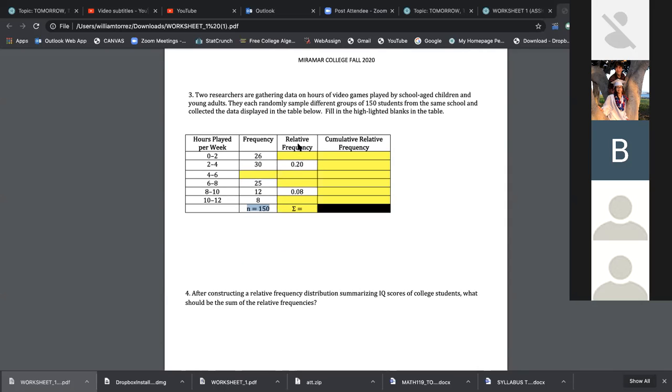So if you round to 2 or 3 decimal places, in most cases you should be good. And if I see a sum of 0.991 or 1.003, I'll give you full credit because I know that there might be some inaccuracy resulting from rounding.